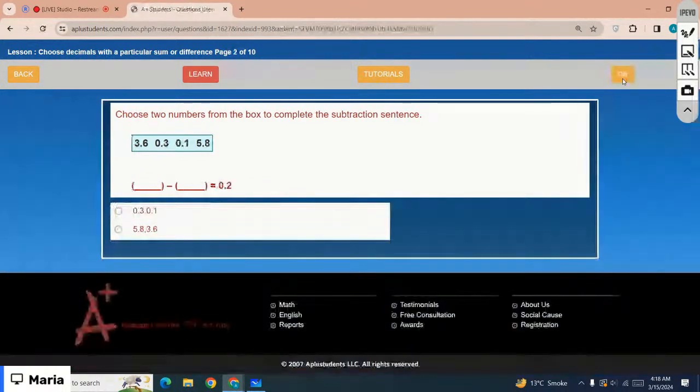Choose two numbers from the box to complete the subtraction sentence. Find the two numbers whose difference is 0.2. So which is the correct option?